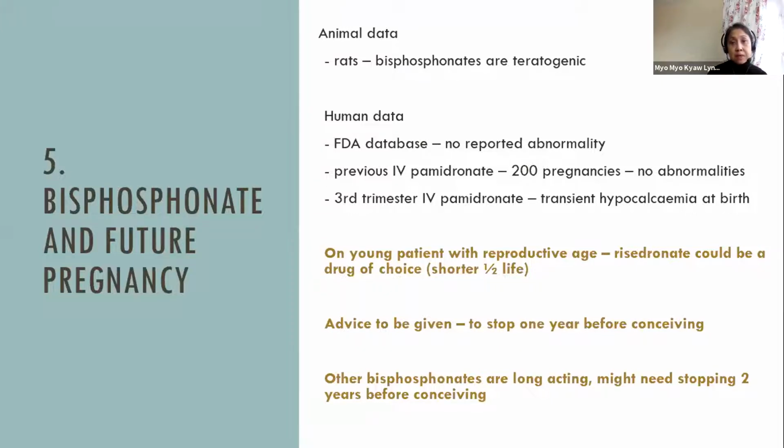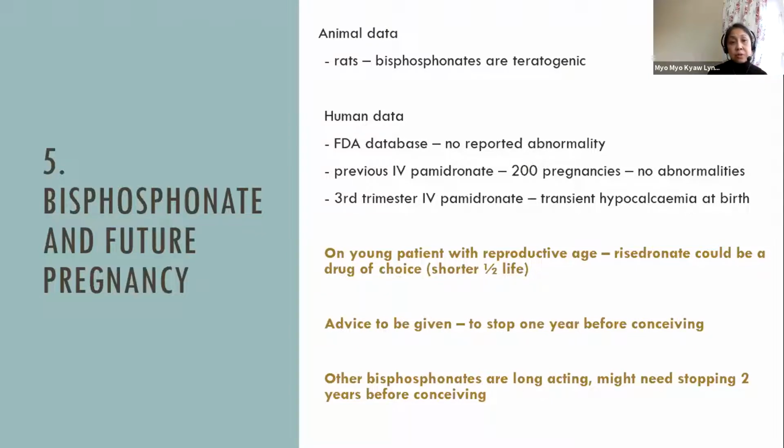However, in animal studies it was shown to have a teratogenic effect, so we have to presume that it is not safe in pregnancy. It is not applicable if you treat elderly or postmenopausal osteoporosis. However, as I mentioned in the very beginning, it is quite applicable if you treat a young patient.